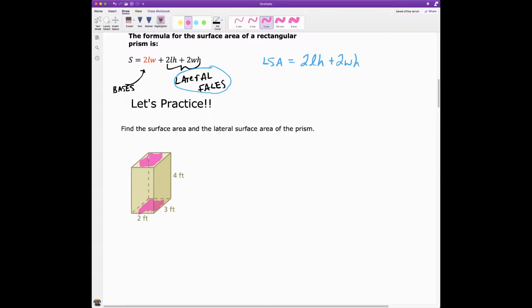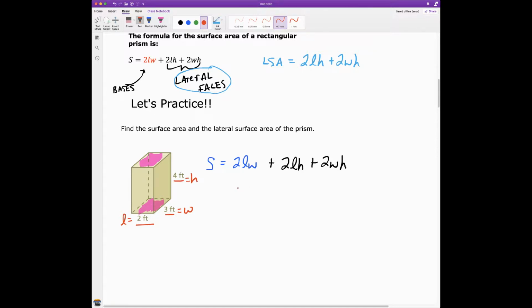Our formula tells us to take 2 times the length times the width, and then I want to add that to 2 times the length times the height plus 2 times the width times the height. One of the things I like to do is label these measurements. So I'm going to call this one my length, this one my width, and this one my height.